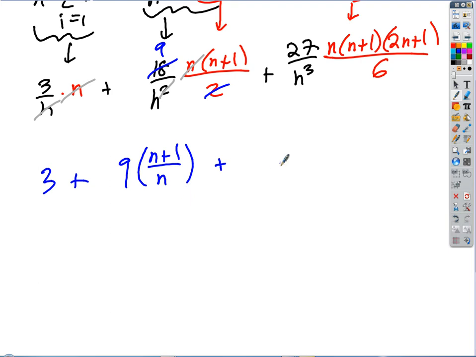Plus, let's see here. So I can go 27 over 6, which is 9 over 2, right? And I could cancel one of those n's. So you get an n squared on the bottom.